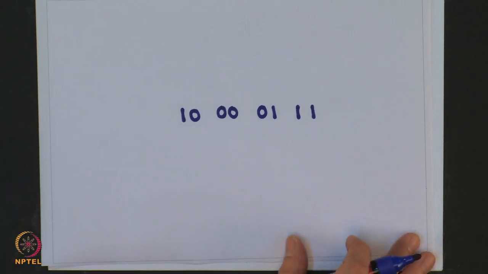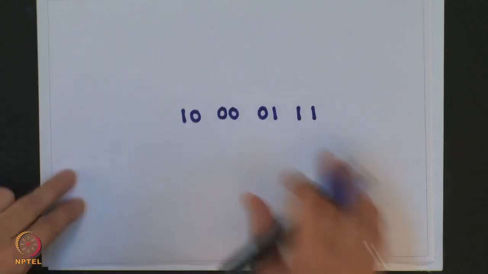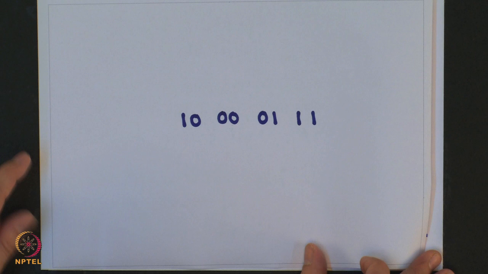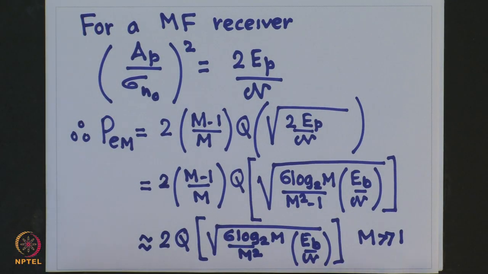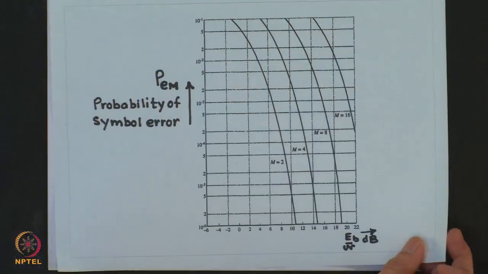So, if that happens, the probability of bit error would be equal to symbol error divided by log of M to the base 2, fine. And if you do this and if you plot, this is the kind of curve which we get.